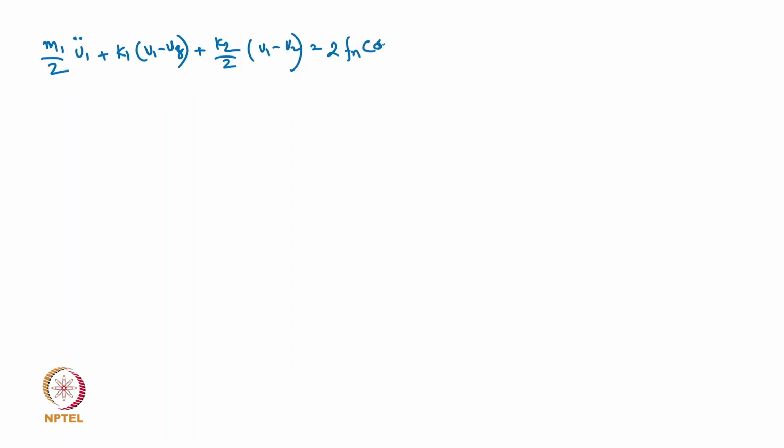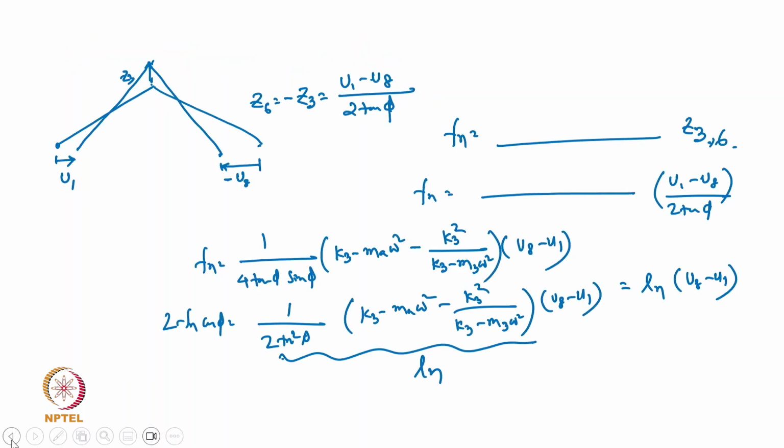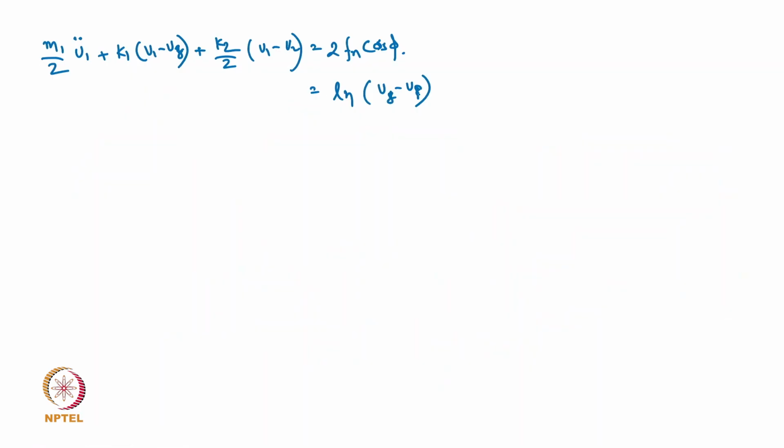My first equation was m1 by 2 u1 double dot plus q1 into u1 minus u2 by u1 minus u8 plus k2 by 2 into u1 minus u2 equal to 2fn cos phi. Now 2fn cos phi is ln of u8 minus u1.